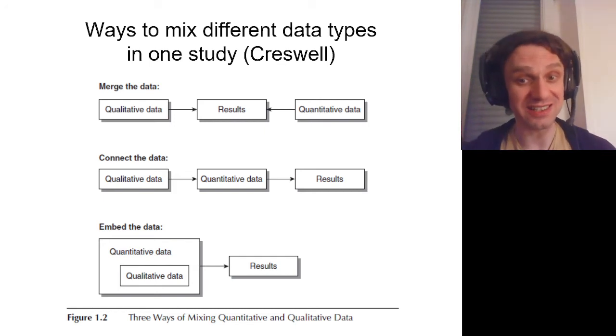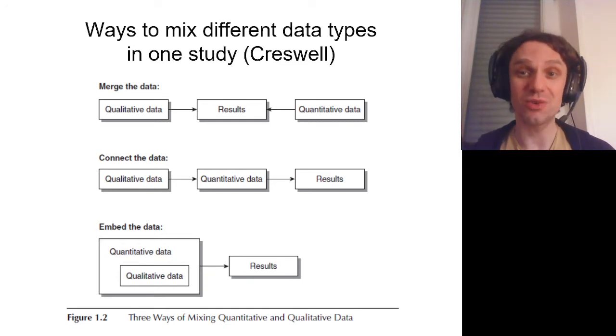And the third strategy is embedding the data. What does embedding the data mean? It means that one paradigm in your study is dominant. In this case, the rectangle outside is labeled quantitative data, which means that the quantitative paradigm is dominant. It means that we use quantitative analysis to arrive at our main results.